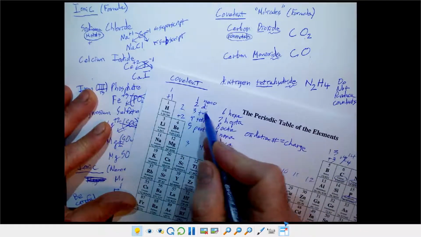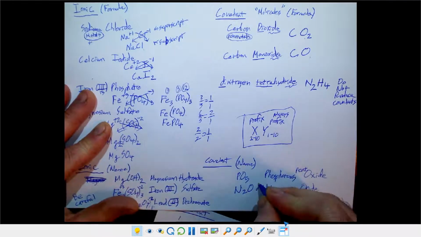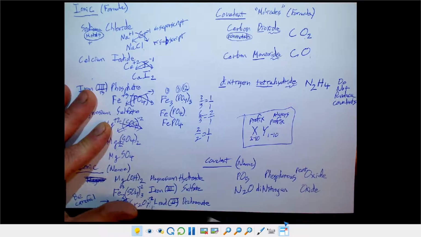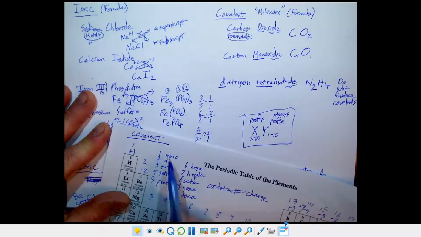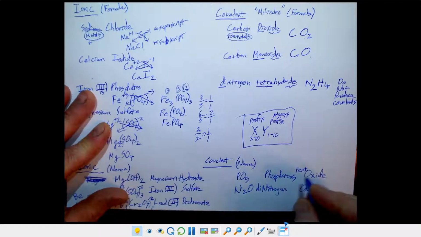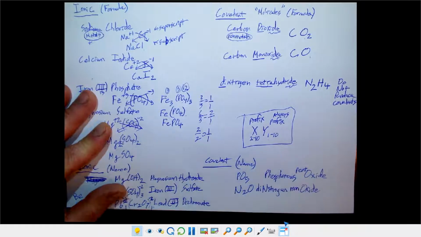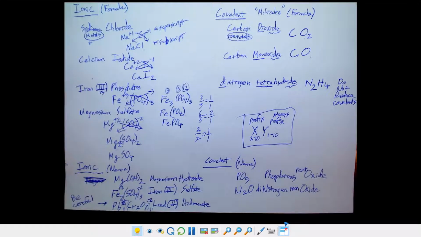Well, it's di. So we'll call this dinitrogen. And what about the next one? There's a 1 here. What's the prefix for 1? The prefix for 1 is mono. And again, you don't need to write two O's there, so just monoxide. That would be how you write the name for that covalent compound.